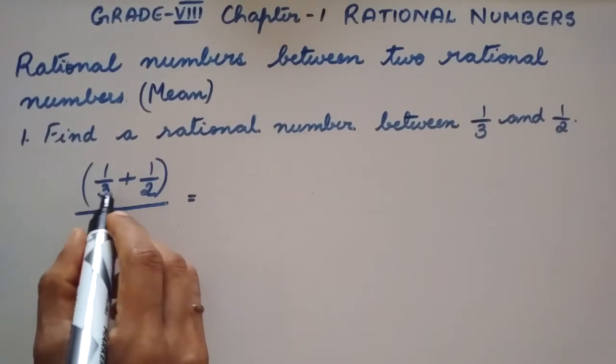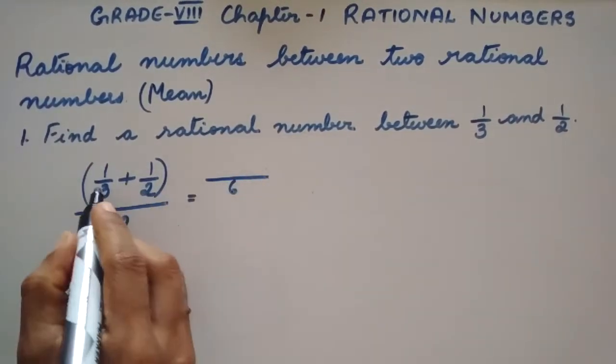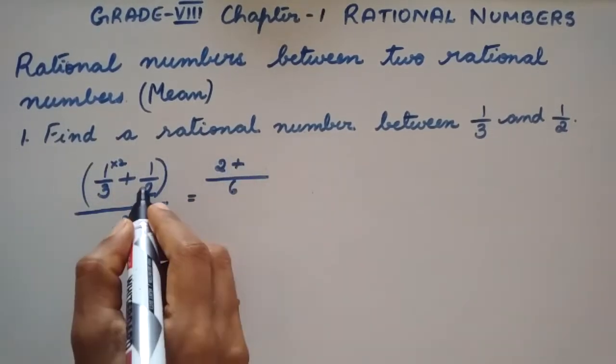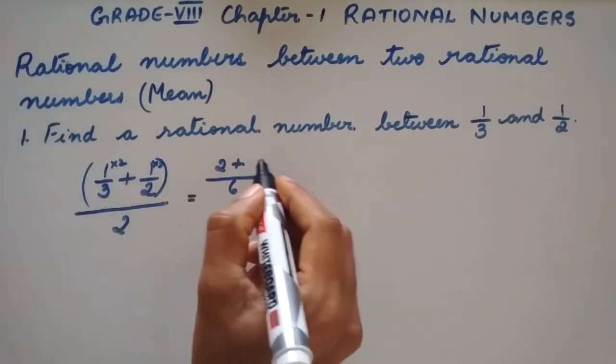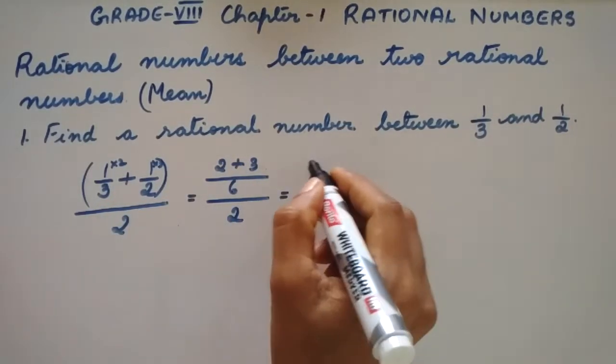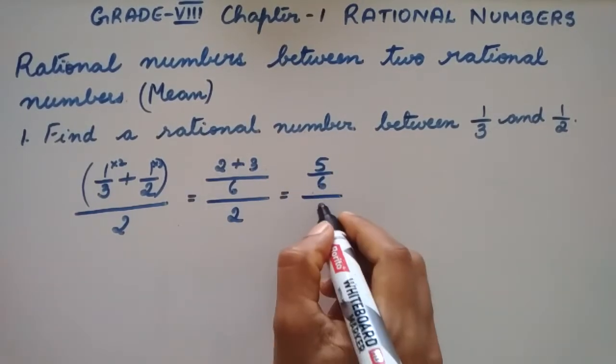Let us take the LCM. It is 6. So 3 2s are 6, so 1 into 2 is 2, plus 2 3s are 6, 1 into 3 is 3, divided by 2, which is equal to 2 plus 3 is 5 by 6 by 2.